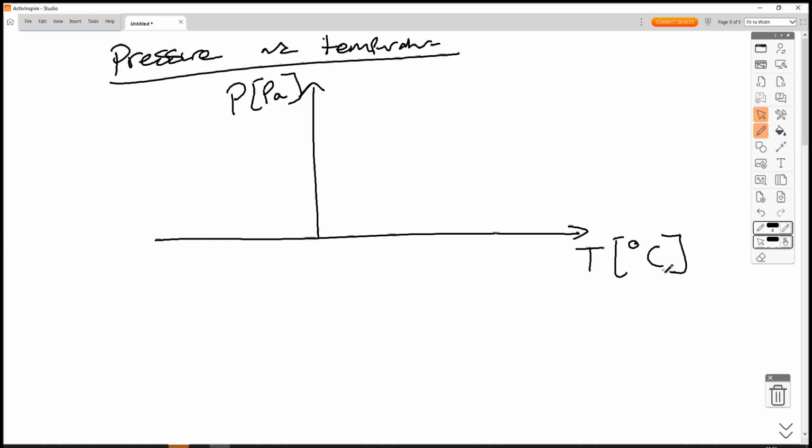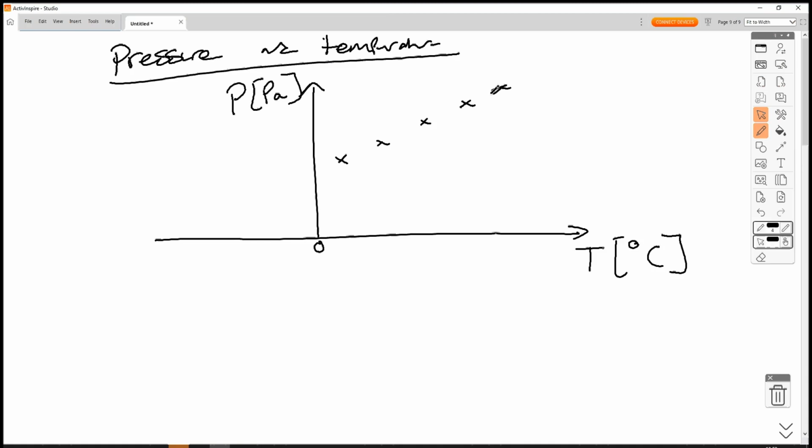So if we have some results for pressure and temperature, which in real life would look something like this, we can extrapolate these results and draw a line that extends all the way until it reaches zero pressure.